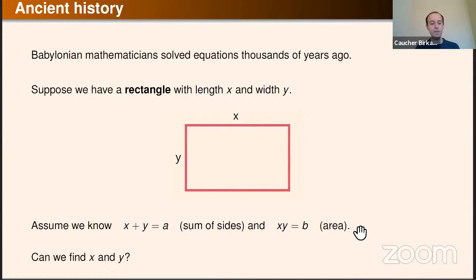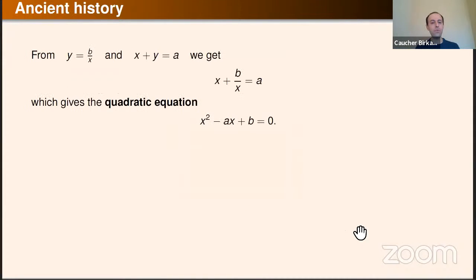Now you can change the equation a little bit. We know that y is equal to b over x, because x times y is equal to b, and x plus y is equal to a. So we get this new equation. Instead of y, we can put in b over x. So we have x plus b over x equal to a.